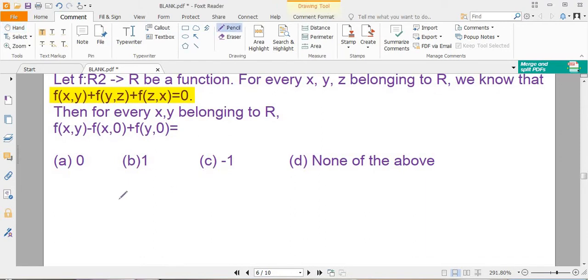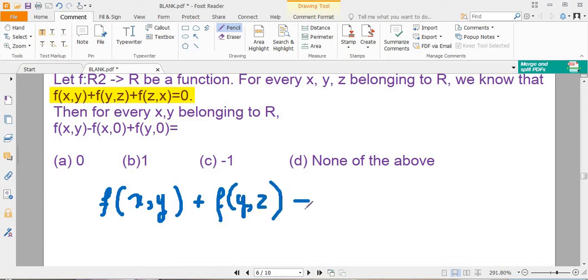We have f(x,y) plus f(y,z) plus f(z,x), and they have said that this sum equals 0.